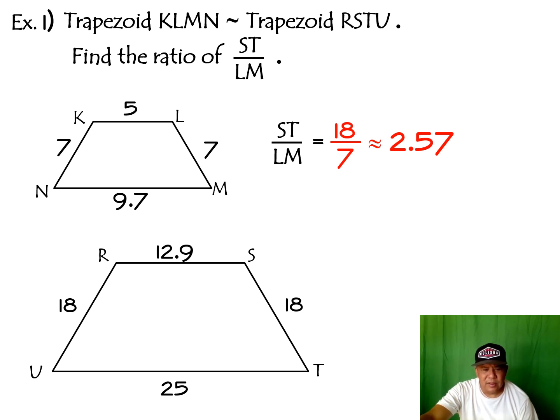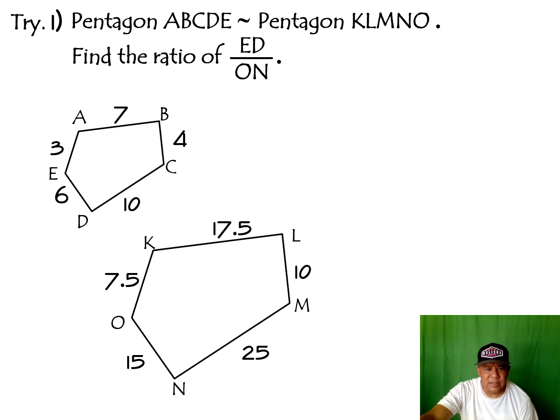So let's go ahead and try number 1 on your own if you understand what I just did. So here is try number 1 again. You can fast forward and slow down anytime because this is a video. Pentagon ABCE is similar to pentagon KLMO.